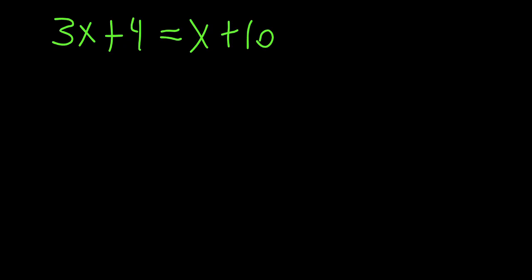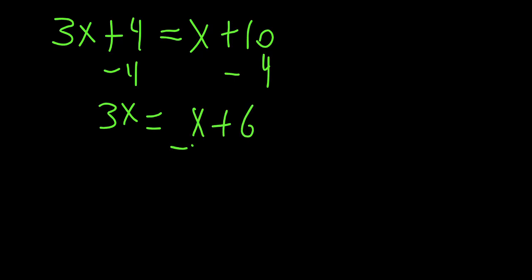So that's why when we see this, we think about it. We realize that our best course of action is to subtract 4 from both sides to get 3x equals x plus 6.